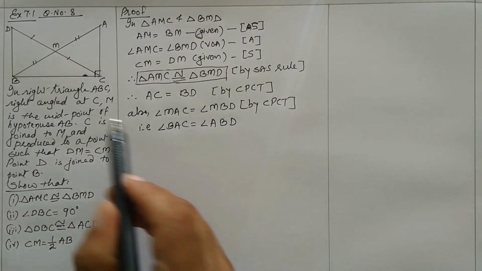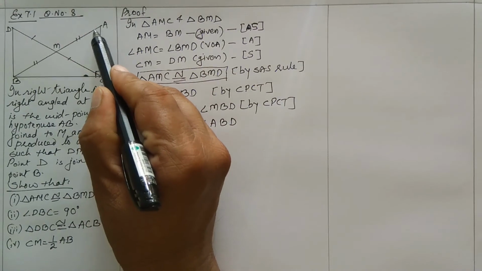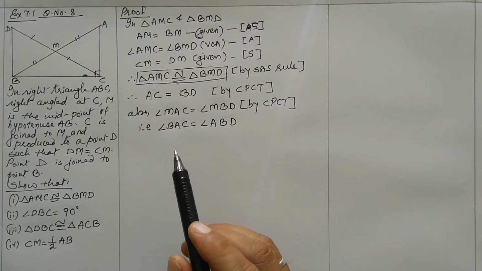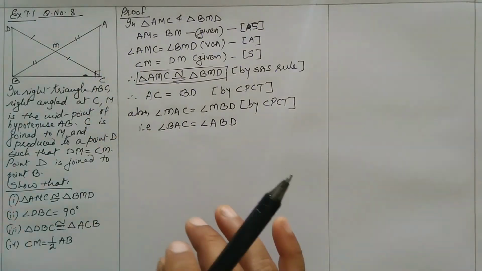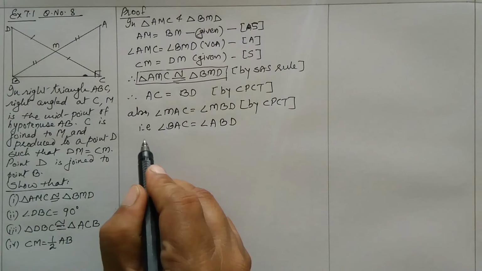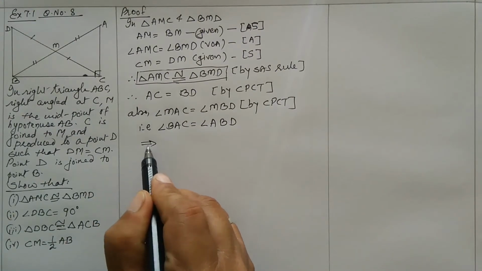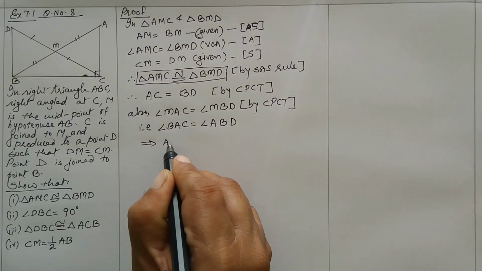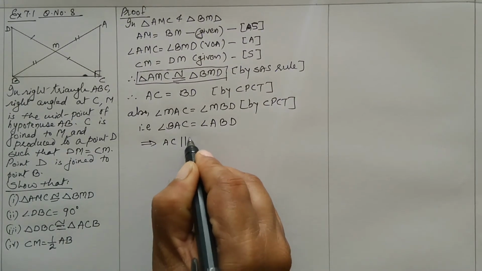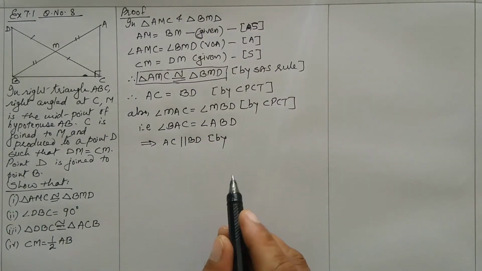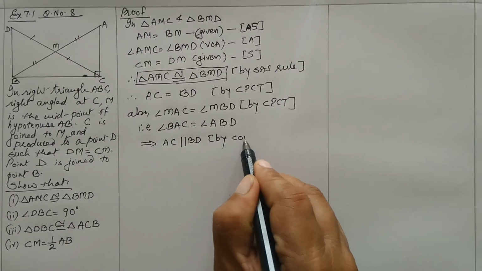Now BAC means this angle and ABD means this angle. Both these angles are equal and they are forming a pair of alternate interior angles. So this implies that AC is parallel to BD by converse of alternate interior angles test.